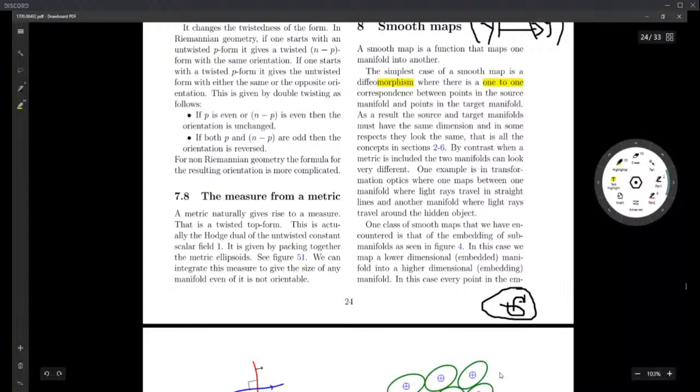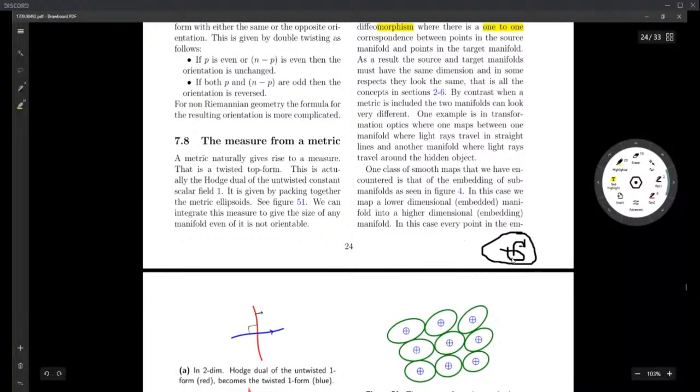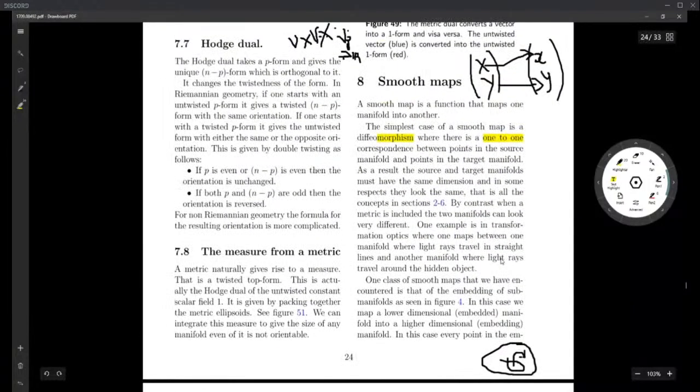Every point in the embedded manifold usually corresponds to a unique point here because it's a one-to-one map, but you can still have some regions in the embedding manifold that are not being mapped at all.